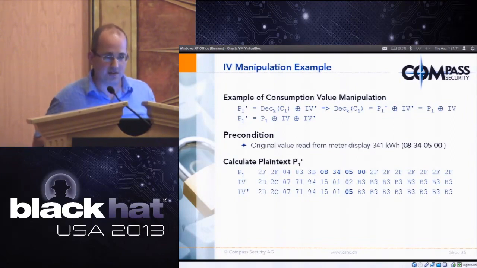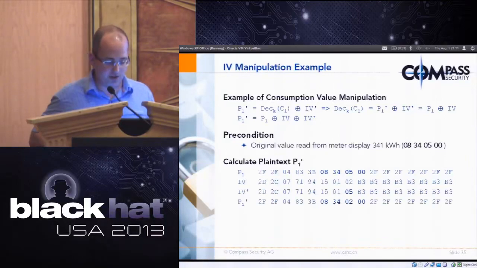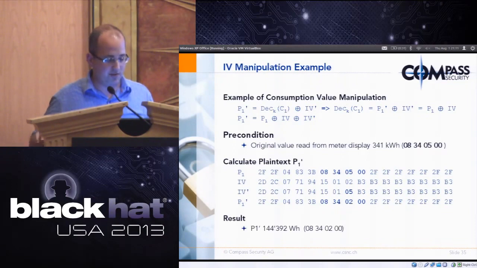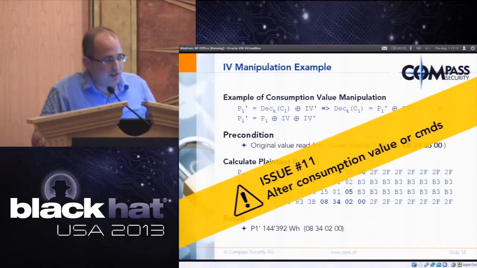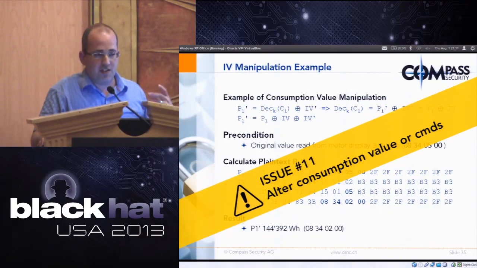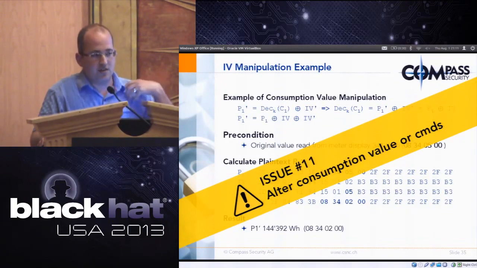We flip bits to make it a 5 out of the 2, and this basically causes during decryption that the consumption value will be less. So it will be 144.39 watt hours. I'm not only able to alter consumption values I receive, the same also applies to commands collectors send to meters. Exactly the same.